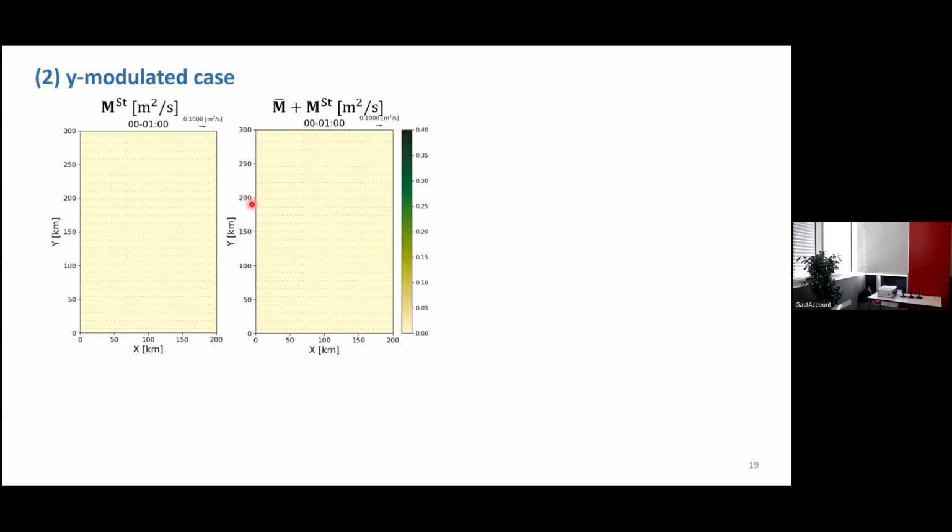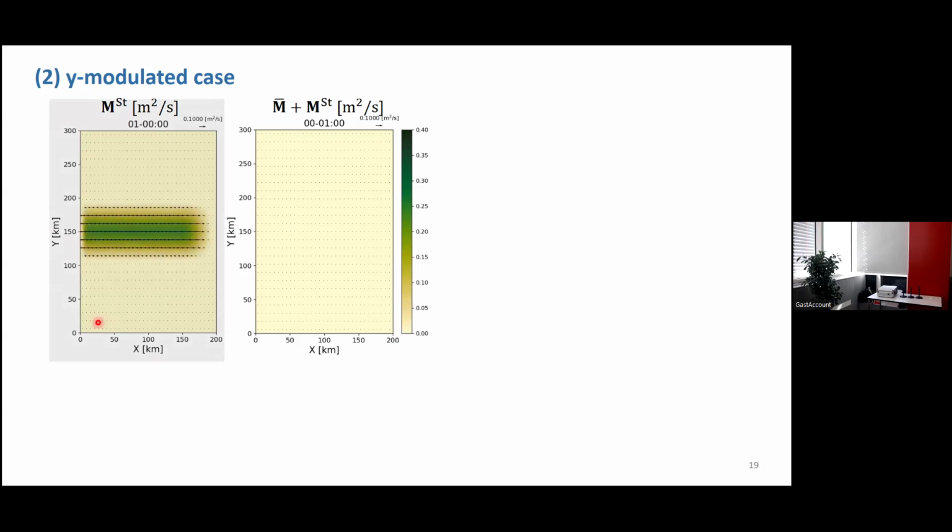But how about the case with localized forcing? Here I'm looking at a bird's eye view looking down, showing the vertically integrated transport field. The left panel shows the Stokes transport, and it develops like this.